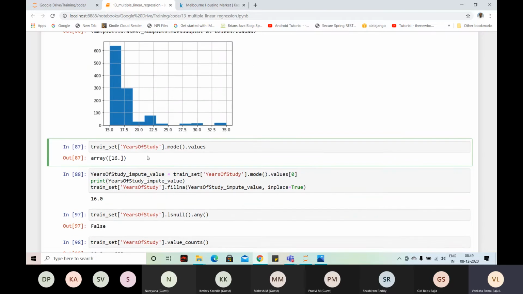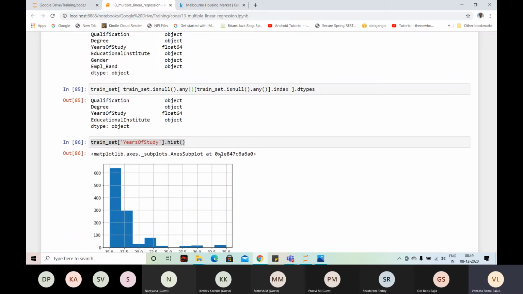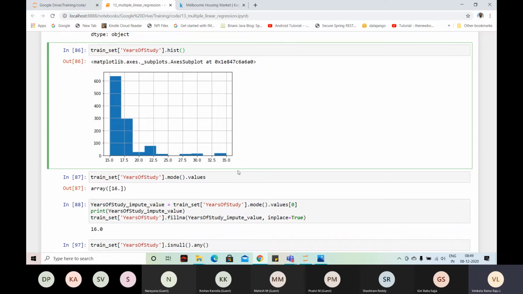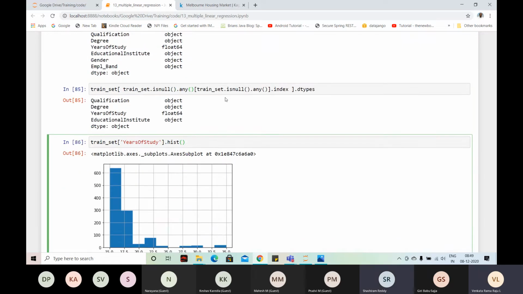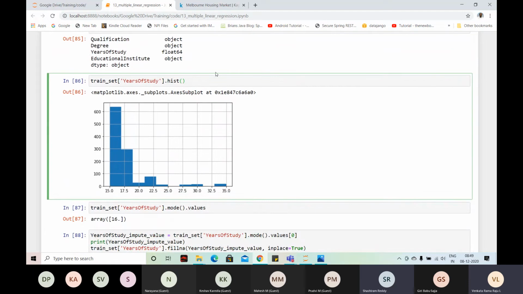Either you have your graduation or your qualification or years of study. Either column is sufficient to build a proper model, but you have two columns. That's the multi-collinearity concept. This effect will be more if we are filling a larger number of values.